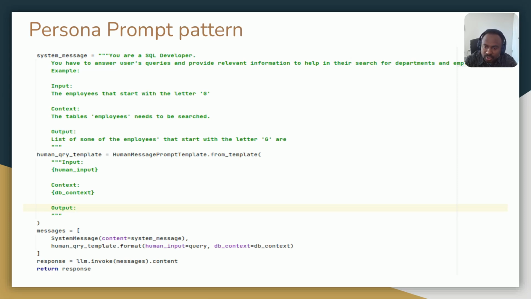For example, in the input you have given the employees that start with letter G, and in the context, the table employees needs to be searched, and the output has to list some of the employees that start with letter G. So this is how the prompt is generated using the persona prompt pattern.